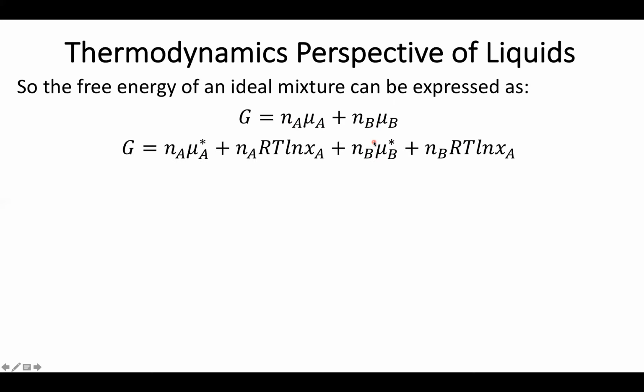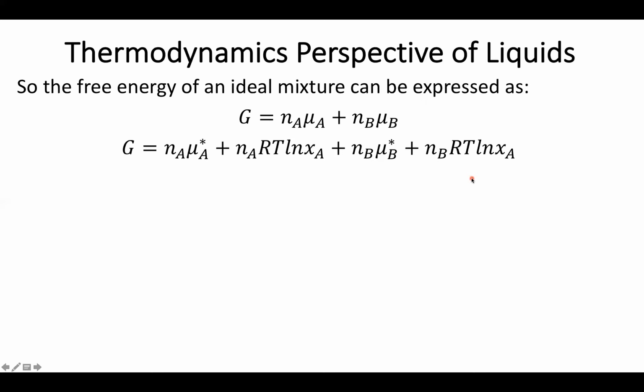Now we can go ahead and combine this with our expression of an ideal solution. So in this case, both of the two species are described by the chemical potential of the pure species times the amount, as well as essentially this correction for the mixed species.